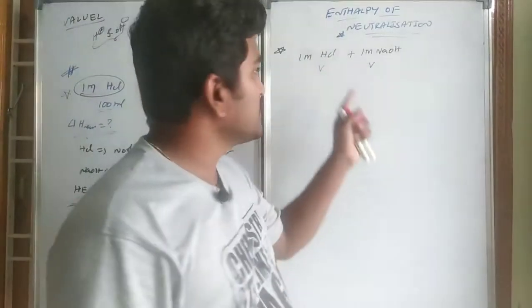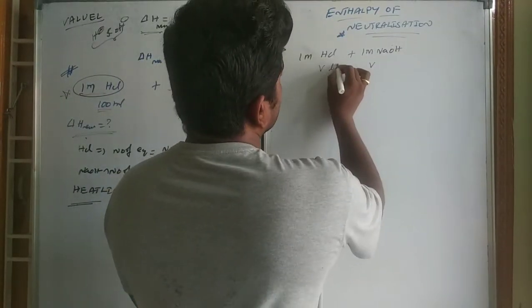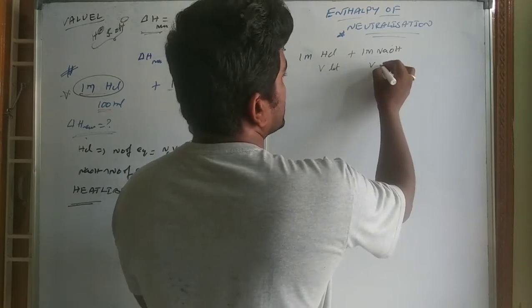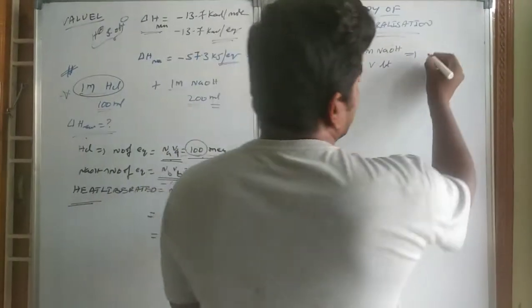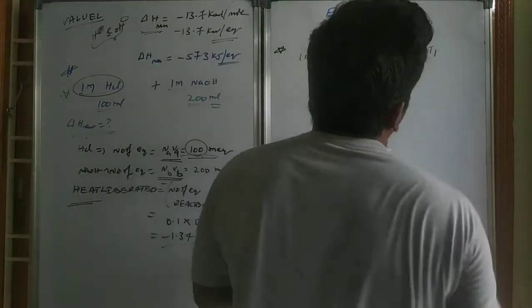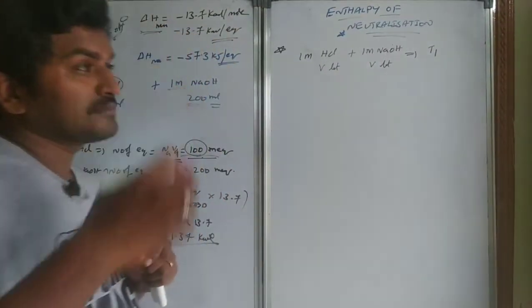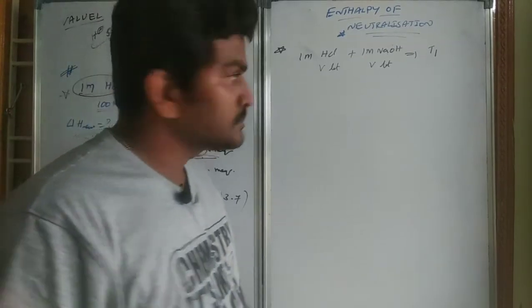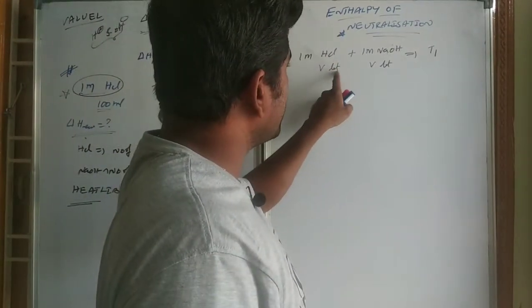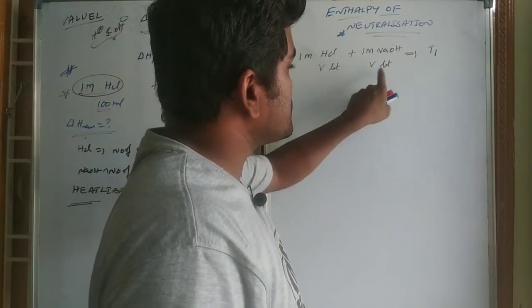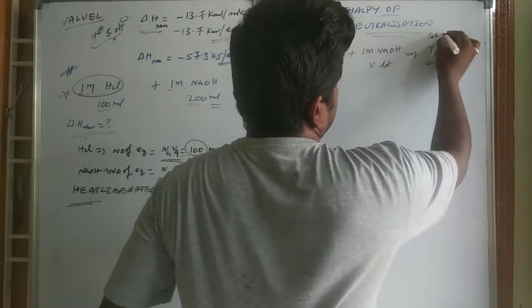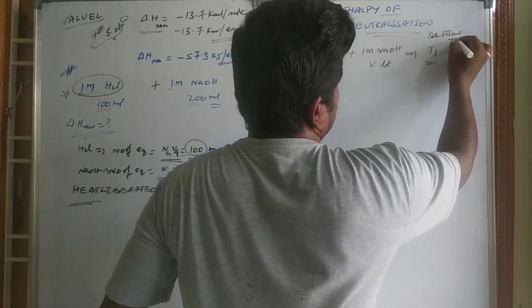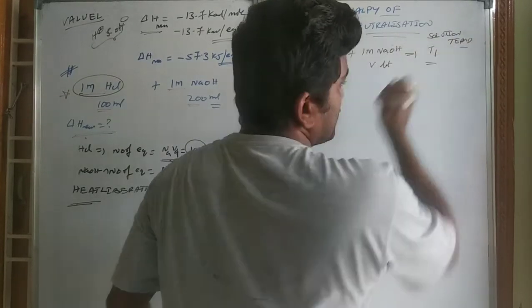In part A, 1 molar HCl of V liters and 1 molar NaOH of V liters are mixed with one another, and the solution temperature was T1.